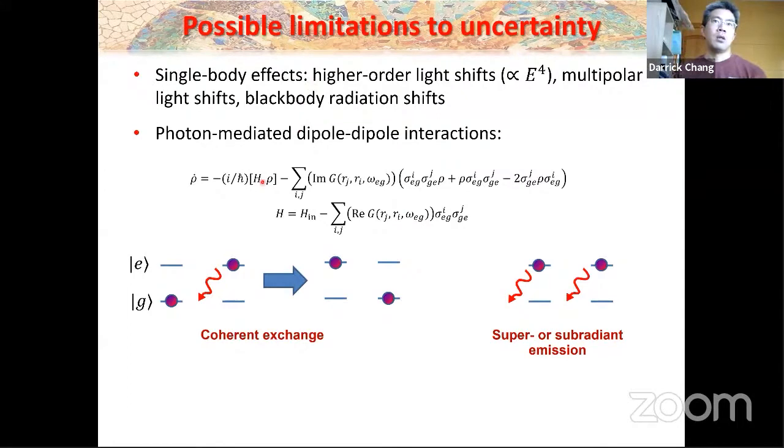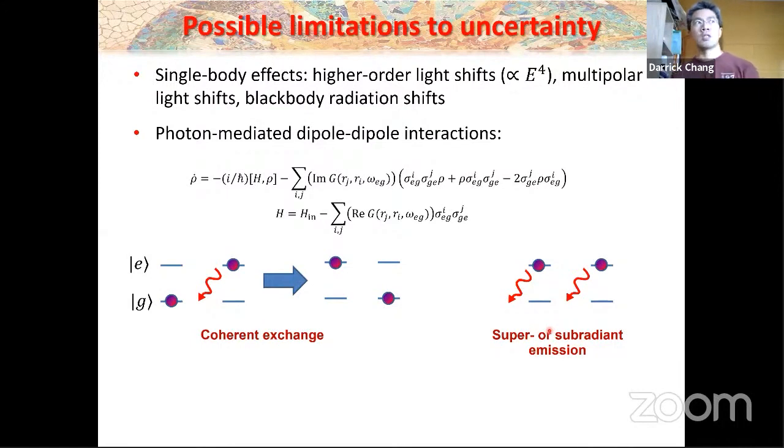But there's other classes of effects, which, for example, are many body or interaction effects. And one prominent one that we've been interested in is photon-mediated dipole-dipole interactions. So it's exactly the same type of interactions that I've been trying to exploit before. For example, you might have photon-mediated coherent exchange of excitations. You might have collective emissions. So you excite some atoms and they radiate faster or slower than independent atoms.